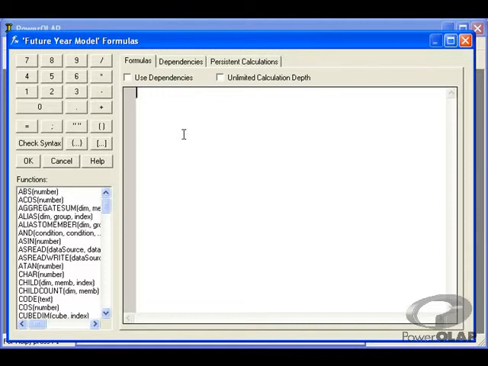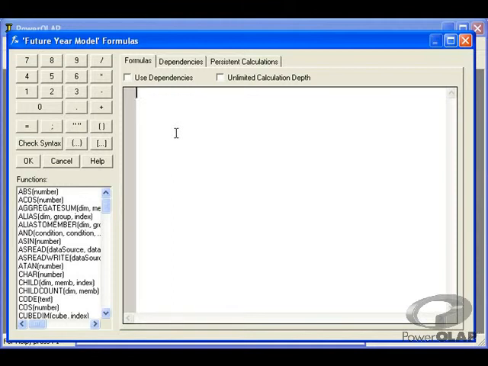In PowerOLAP, we've extended the left-hand side to exist in a multidimensional space. To equate this to Excel, in Excel you only have 2 dimensions, your rows and your columns. In PowerOLAP, you have n dimensions, with n being the number of dimensions within a cube.